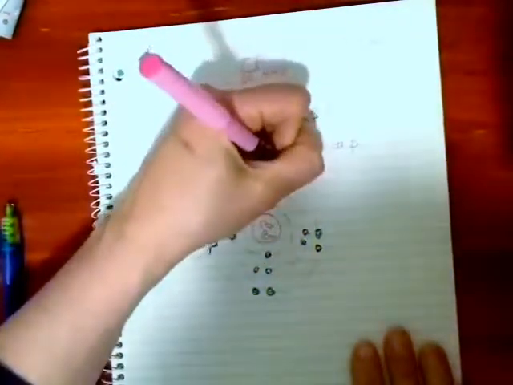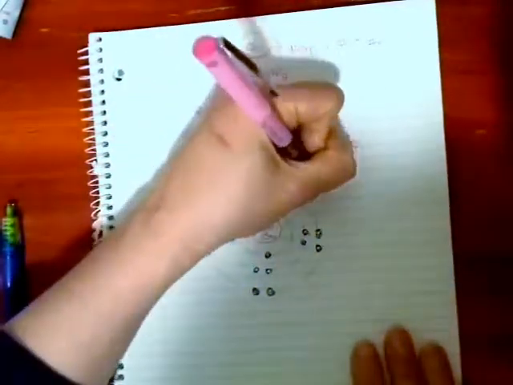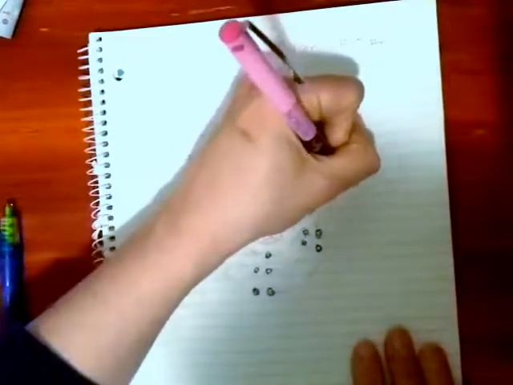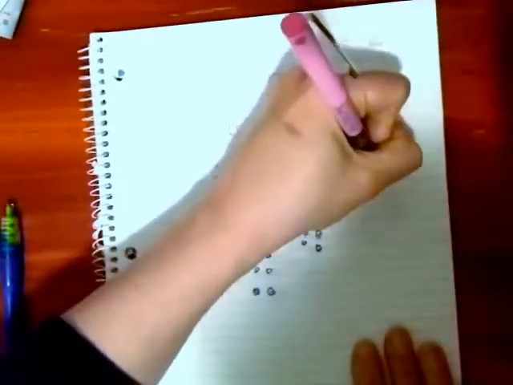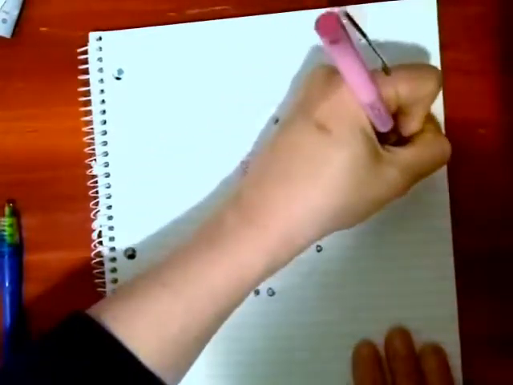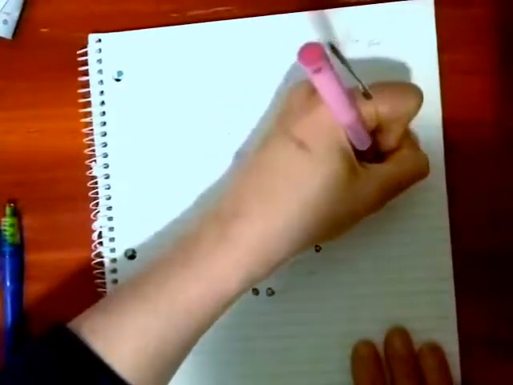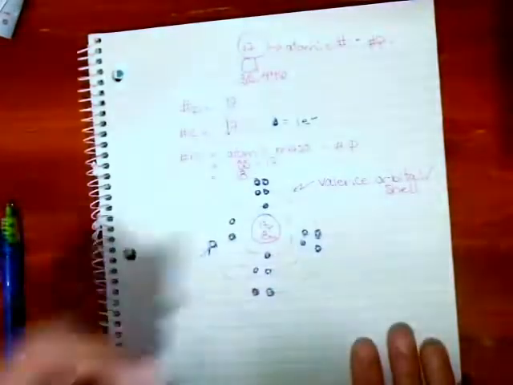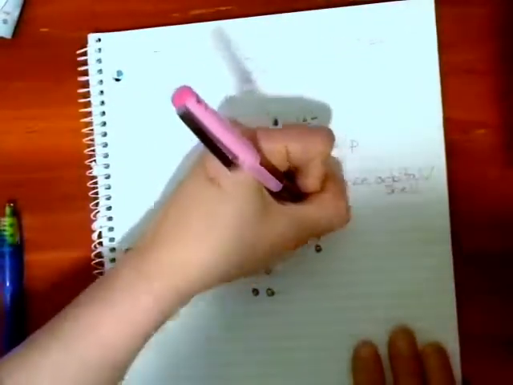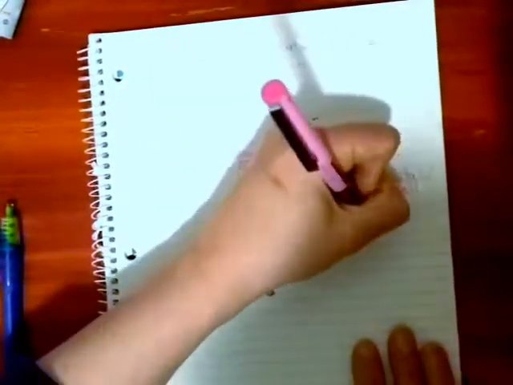This very last orbital is called the valence orbital, or the valence shell. And the electrons that are contained in this orbital are known as valence electrons.